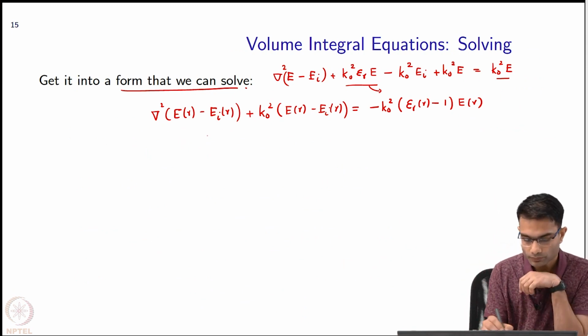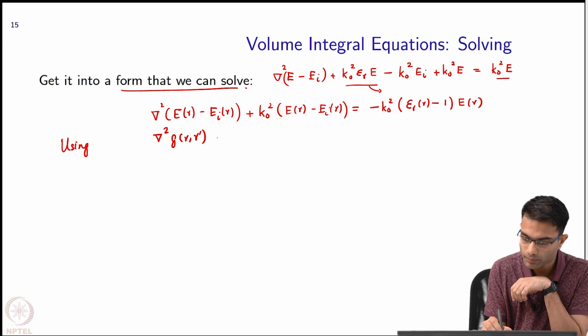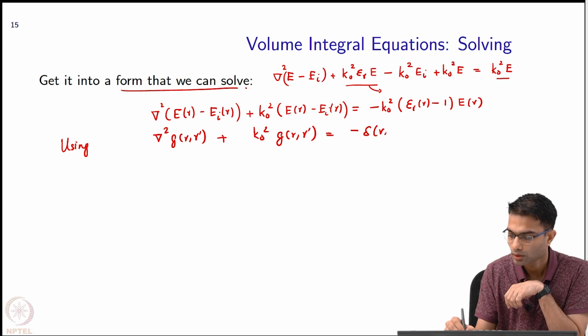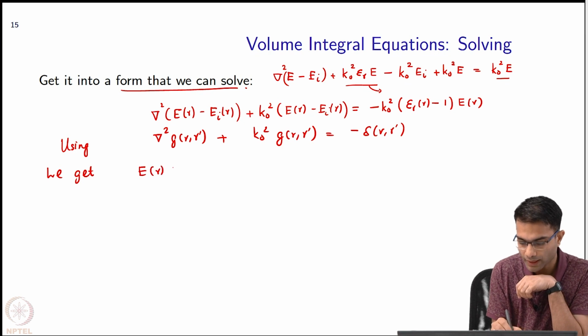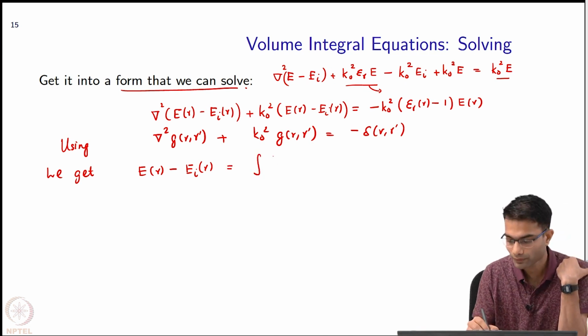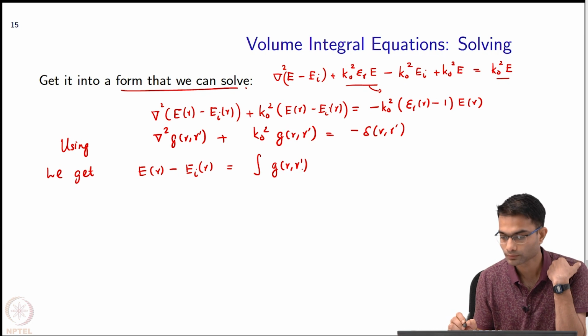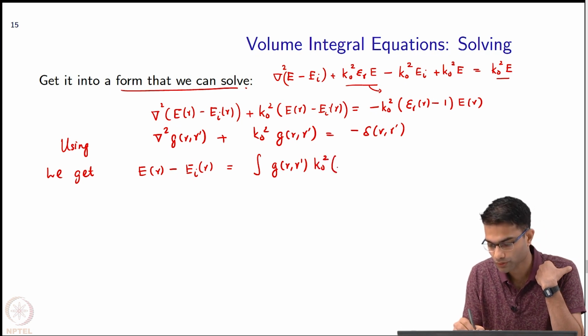Using del squared g of r prime plus k naught squared g of r prime, we get, so the variable has to be held the same. So, it is E r minus E I, that is what is going to be equal to the convolution now of Green's function. So, we do know what E I is, and the entire right hand side over here, one of those minus signs got cancelled.